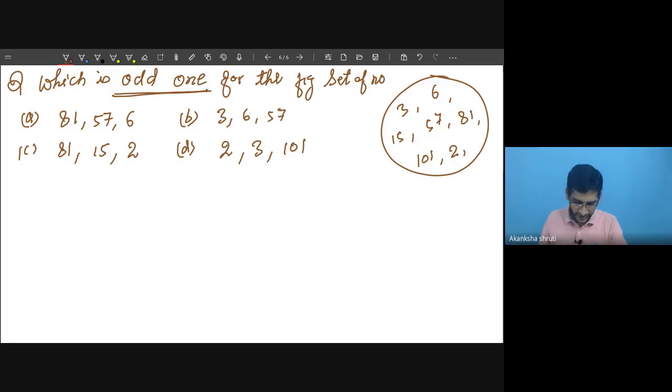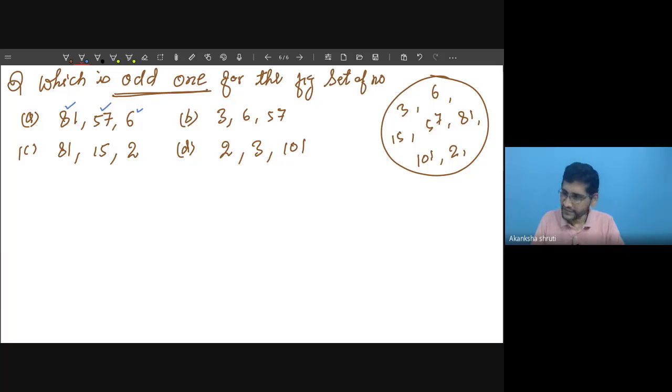Student, if we observe carefully, what is the relation between 81, 57 and 6? It may be possible that the addition of these 3 gives a constant number, or the middle one is the sum of the other two divided by 2, or any kind of relation.